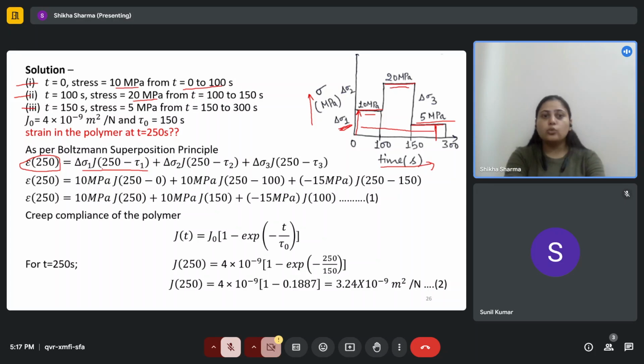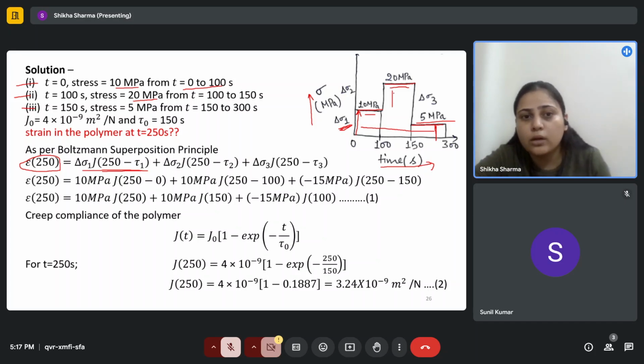compliance at 250 seconds minus tau 1, which is the value at the first time, plus delta sigma 2, which is the change in the stress at the time when the second cycle is there, right?